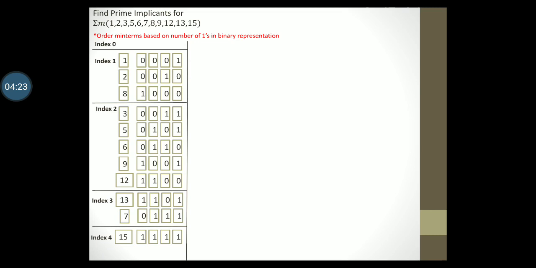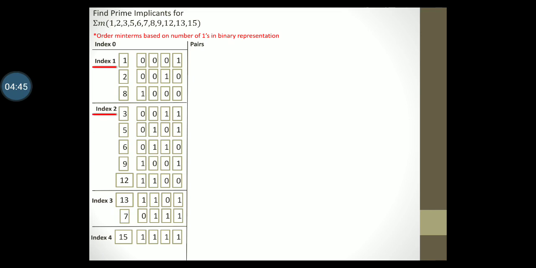The next step in the QM method is to combine minterms from each group with the group exactly below it to form pairs. Since we have no minterms in index 0, we will start with index 1 and combine minterms from this group with minterms from index 2.